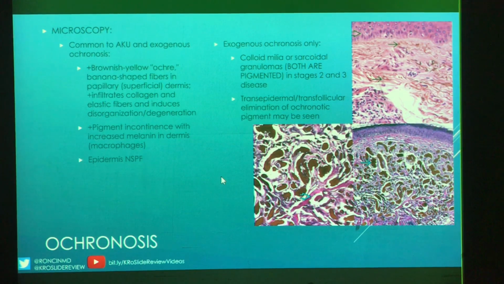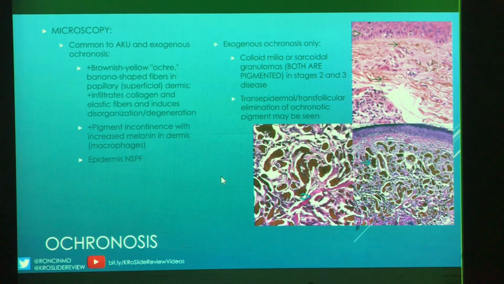You will see pigment incontinence with melanin in the dermis. So what that means is that you're going to have macrophages within the dermis that are going to have melanin pigment ingested. And then your epidermis is going to be NSPF, which means no significant pathologic findings. So basically, there's nothing to see in the epidermis in these cases.